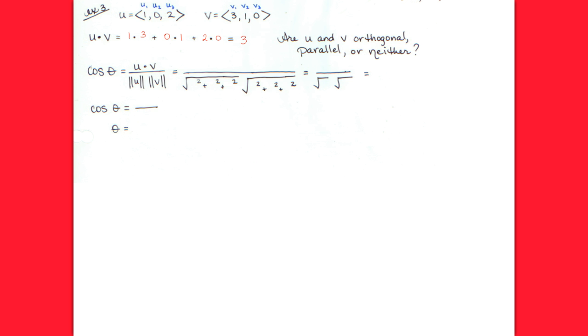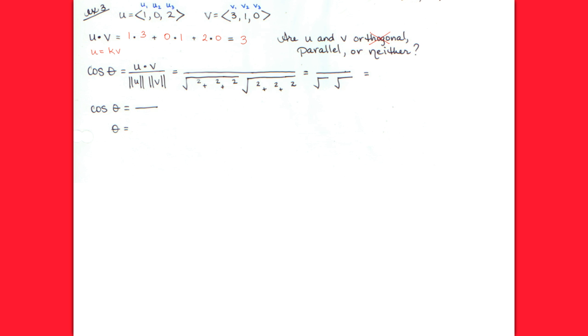So if they're not orthogonal, let me check and see if they're parallel. How do we know if they're parallel? One is a multiple of another. Yes, one is a multiple of another. So I'm just going to pull the first value to analyze instead of having to write those three-dimensional vectors.